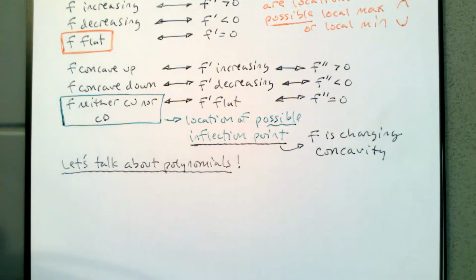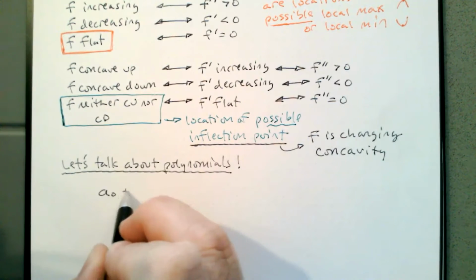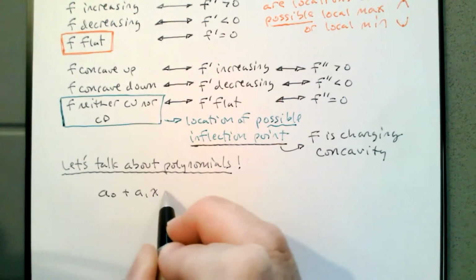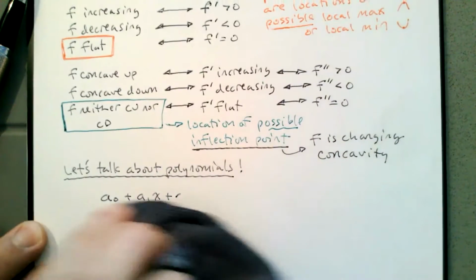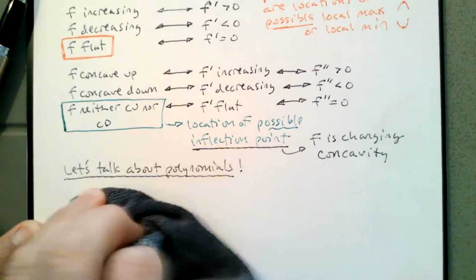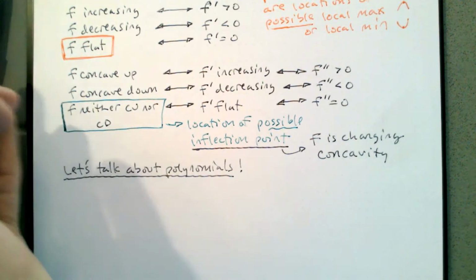So a polynomial is a sum of a bunch of non-negative integer powers of x.